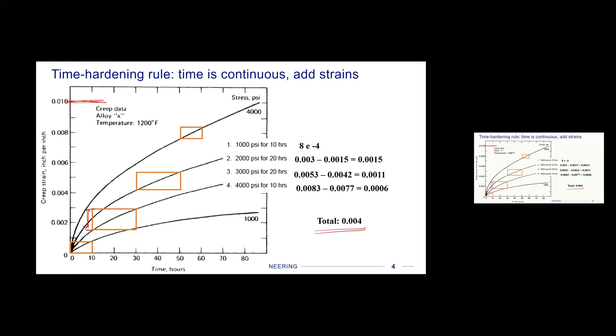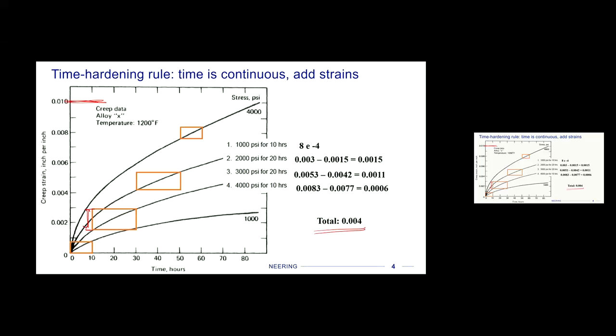It might seem to make sense just to take the number that we got, 0.004, and divide it into 0.01. But that ignores all of the time history that we've already had with this part at a high temperature.